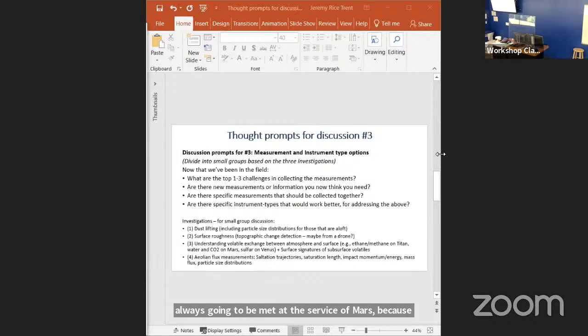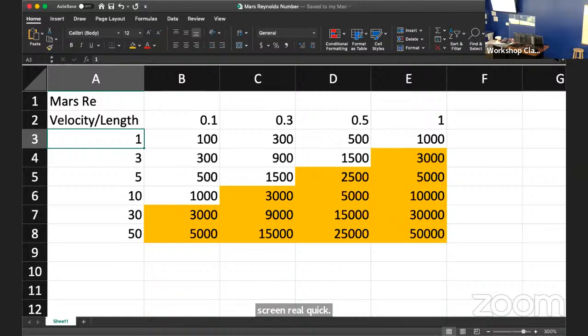And so Jack and I put together, let me just share my screen real quick, a chart showing Mars Reynolds number as a function of velocity here on the leftmost column, and then length scale of interest along the top row.